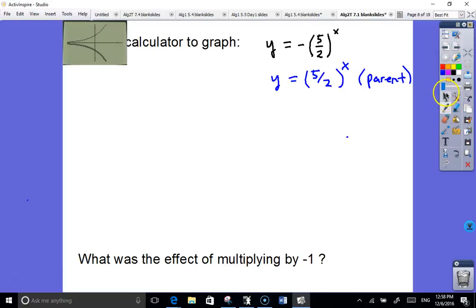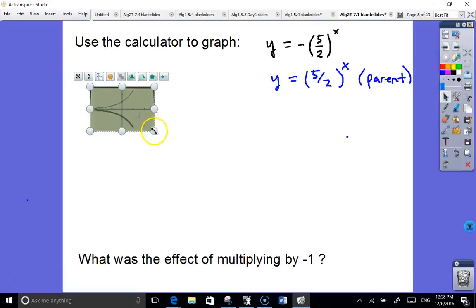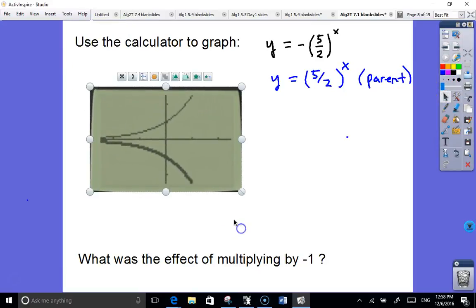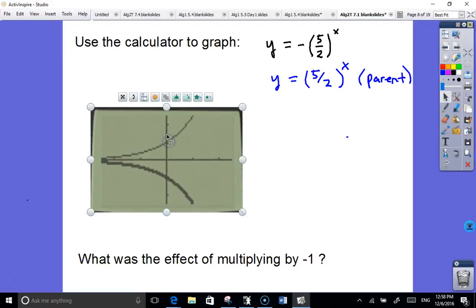Zoom is the key right in the middle. So domain is still all real numbers. What's the new range? Right now the graph is underneath the x-axis.